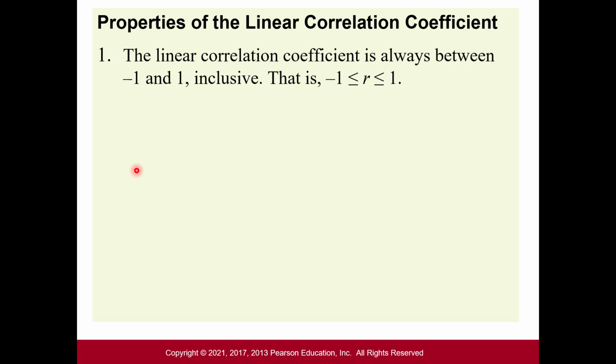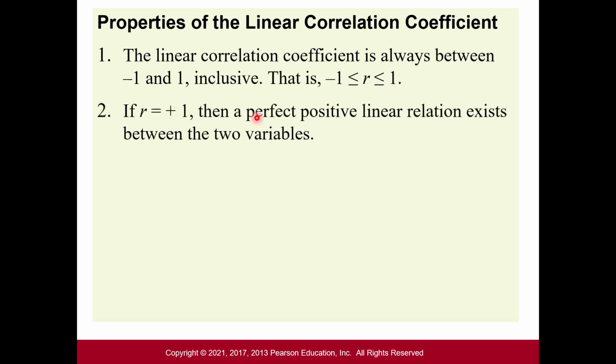So here are some properties of the linear correlation coefficient. We're going to have 8 properties total. The coefficient is always between -1 and 1, including the endpoints, so it can equal -1, anything greater than that up until 1, including 1. If r is equal to +1, we say it's a perfect positive linear relation between the two variables.